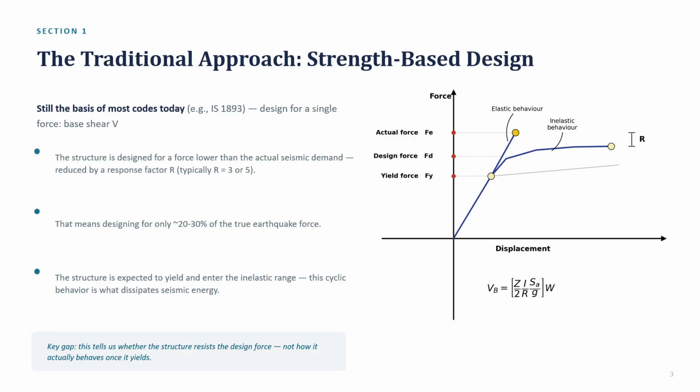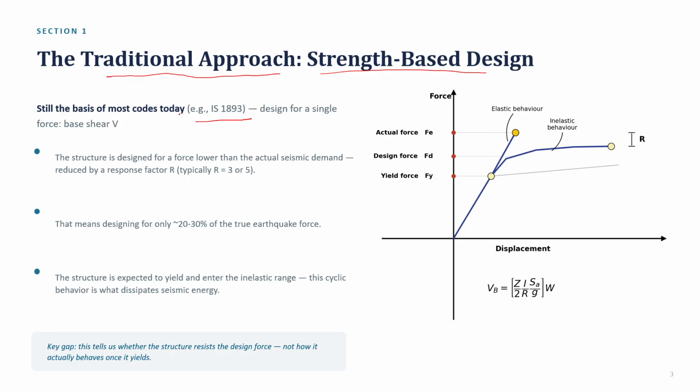So let's begin. The traditional approach, or we can say the old approach, is strength based design. Before we talk about performance based design, let's look at what most codes, including the IS 1893, that is the Indian Seismic Code, still use: the traditional strength based design.